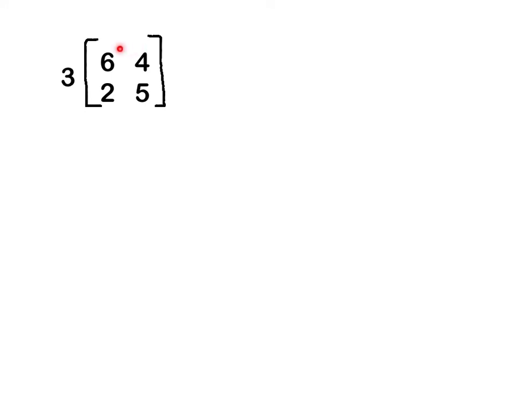Now, if we were asked to multiply this 2 by 2 matrix by this scalar of 3, what we would need to do is distribute this 3 to each of the separate numbers in this matrix. So why don't we go ahead and do that? I'm going to start my matrix here, and let's do our first value, which would be 3 times 6, and that's 18.